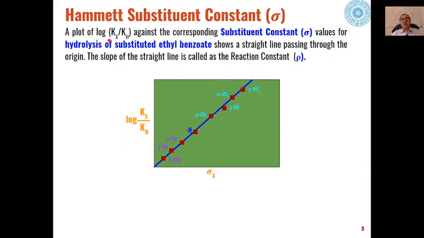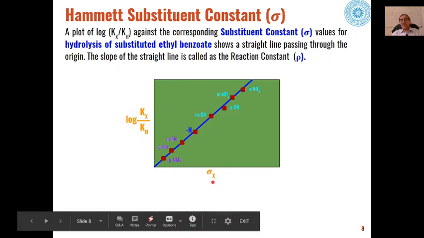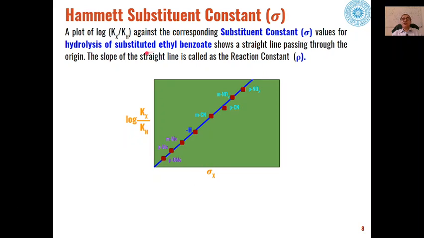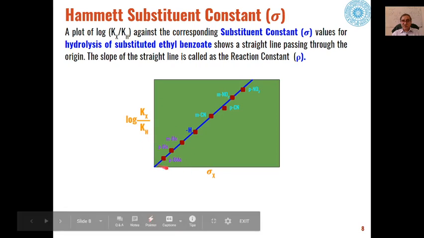Then the plot of log of kx upon kh, which is the Hammett equation, gives us the value of sigma x, the substituent constant for the hydrolysis of substituted ethyl benzoate. This shows a straight line passing through the origin, and you can see over here these are the values for electron releasing groups.